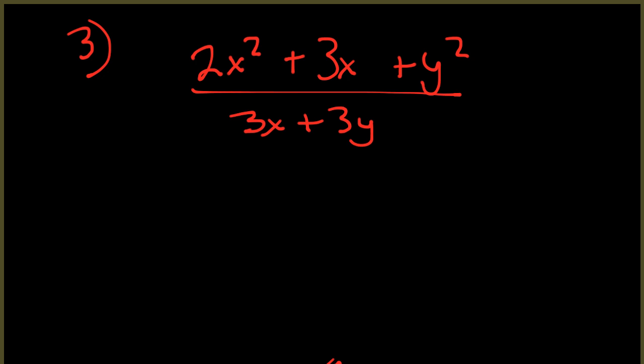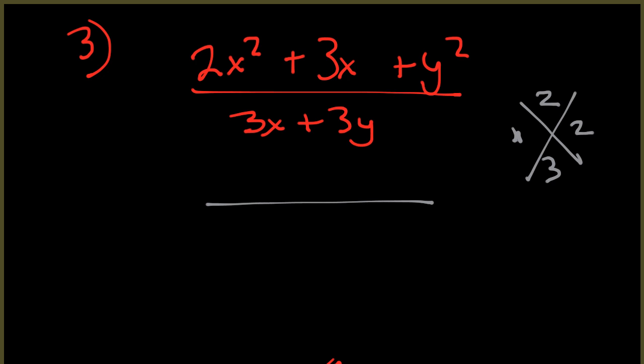In the numerator, because it's kind of funky, I'm going to say what multiplies to the 2 and adds to 3. How about a 2 and a 1? So my numerator: I've got y, and y makes my y squared.